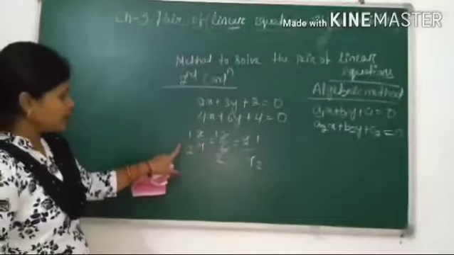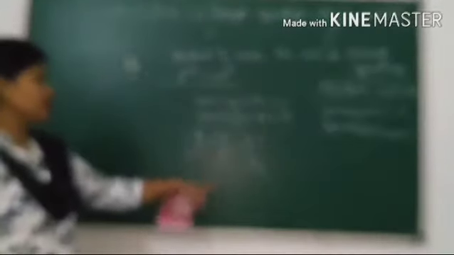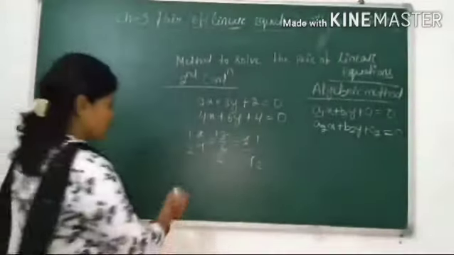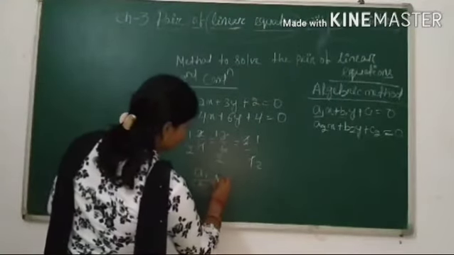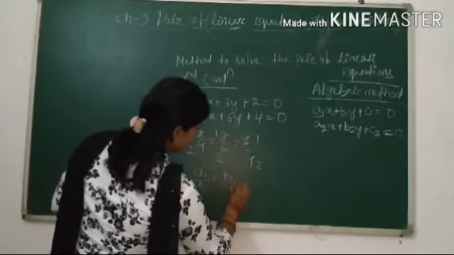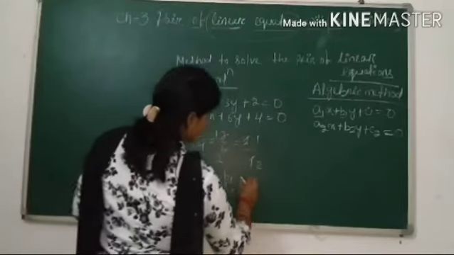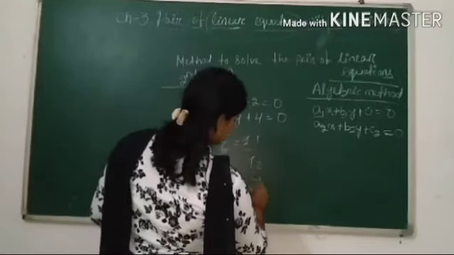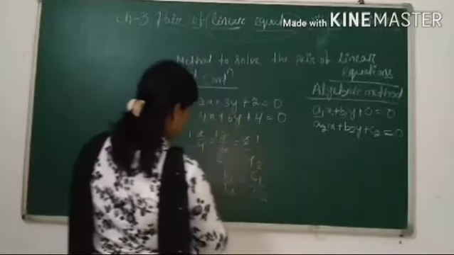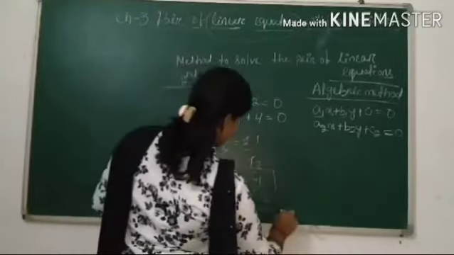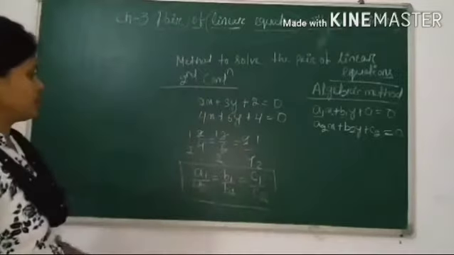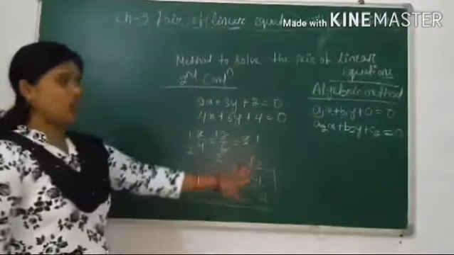Here I am getting 1 by 2, here also 1 by 2, here also 1 by 2. So your condition is A1 by A2 should be equal to B1 by B2 should be equal to C1 by C2. All values should be equal.